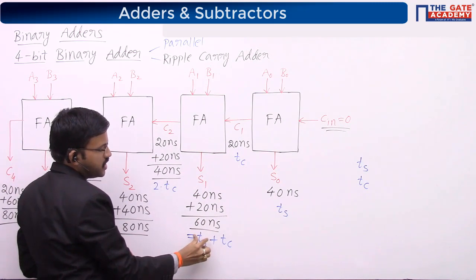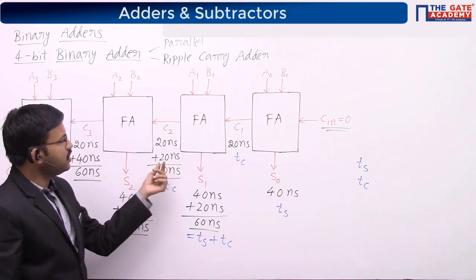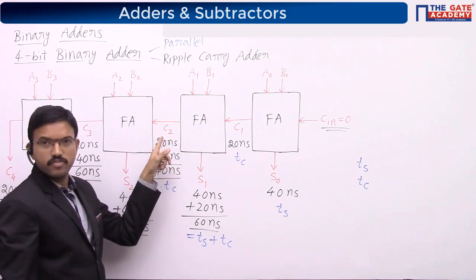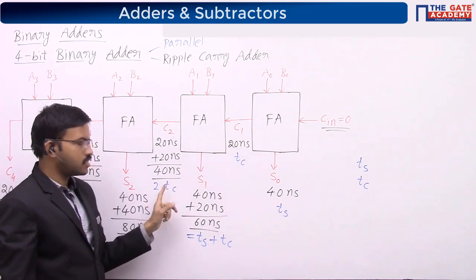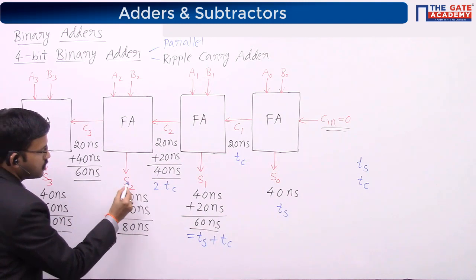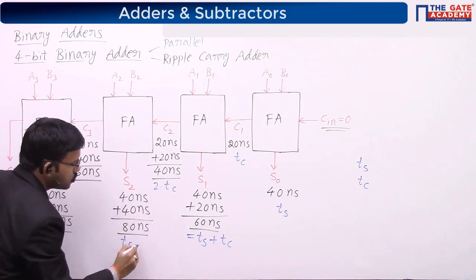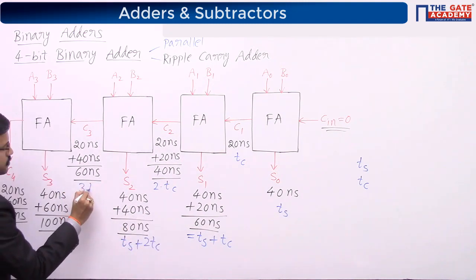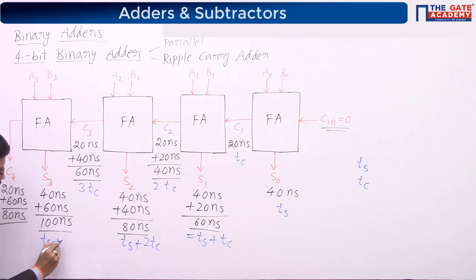So that means Ts plus Tc. Similarly, here Tc is the time required for this one. I am adding this Tc, 2Tc. Similarly here, for producing sum, Ts plus 2Tc. Similarly here, Ts plus 3Tc. Last one is 4Tc.